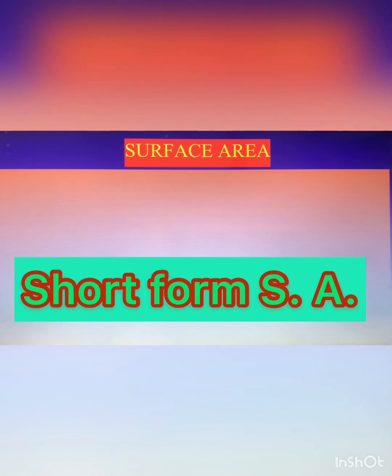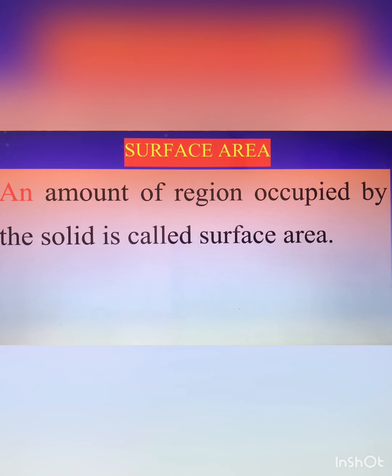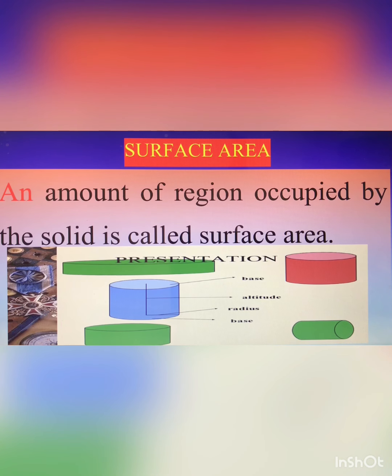What do you mean by surface area? The amount of region occupied by the solid is called surface area. For example, you are seeing these objects, these are cylinders, and the green part which you see around this cylinder is known as surface area.